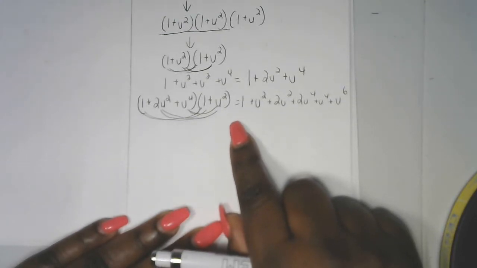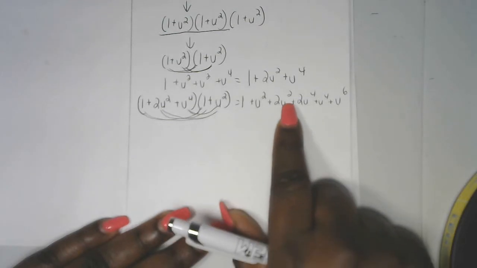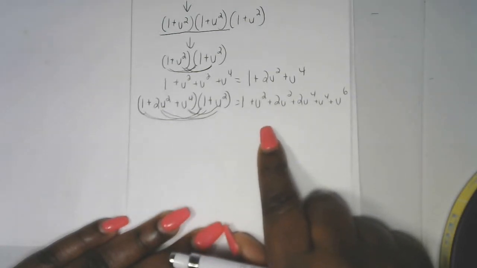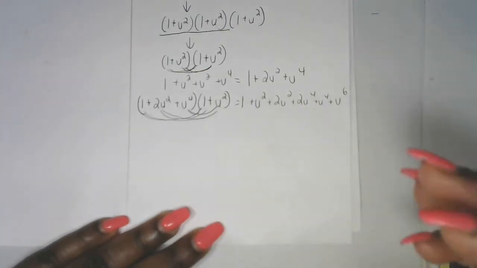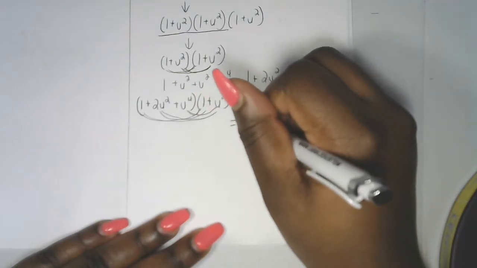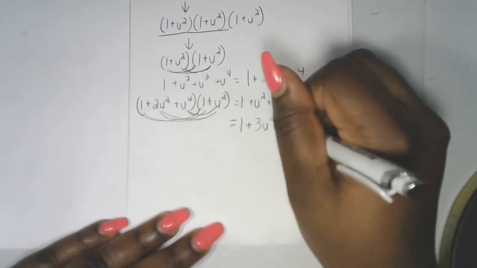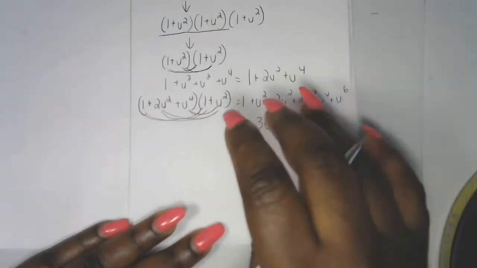So now we can combine like terms. U squared plus 2u squared is equal to 3u squared, and 2u to the fourth plus u to the fourth is equal to 3u to the fourth. So we get 1 plus 3u squared plus 3u to the fourth plus u to the sixth.